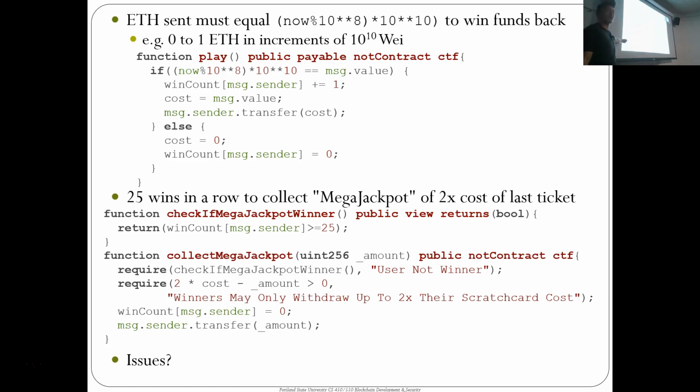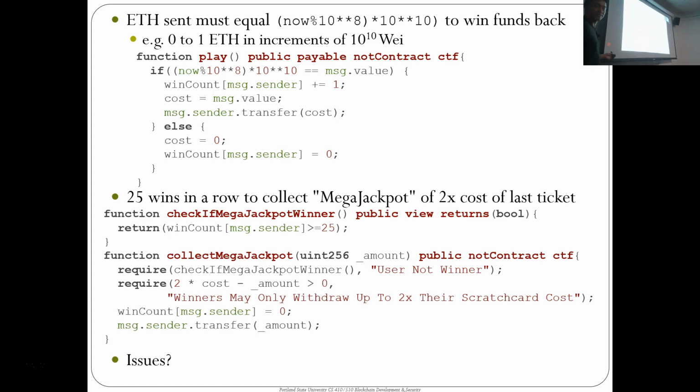Yeah, it's never false. It's only false when they're equal to each other, right? Because when they are equal to each other, 0 is greater than 0. But that's the only time, right? So I could say, give me the entire balance, and even though the entire balance is more than 2 times the cost, I can still withdraw that. So that's D3.